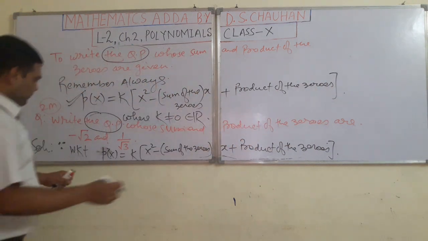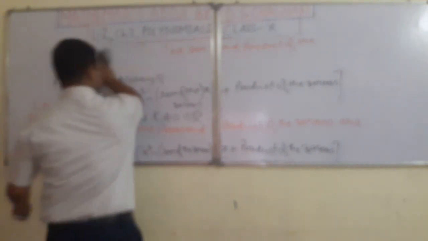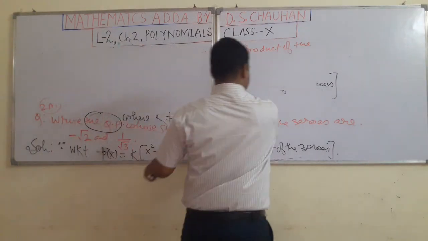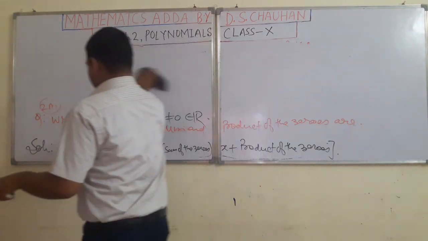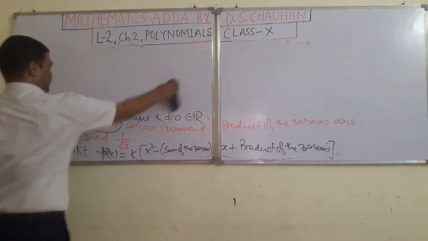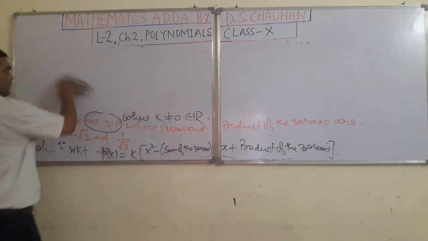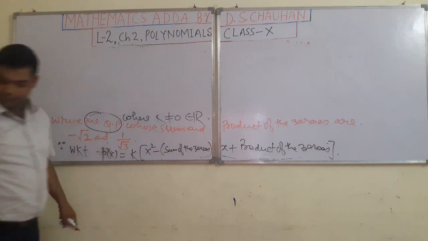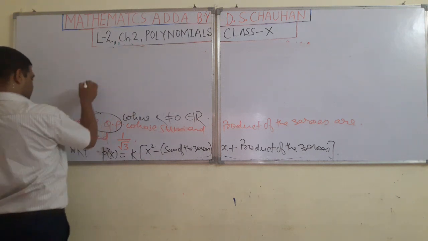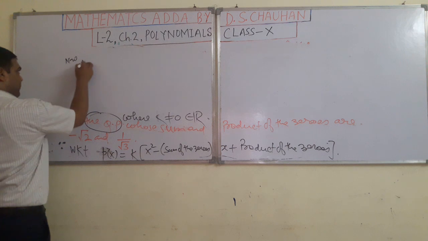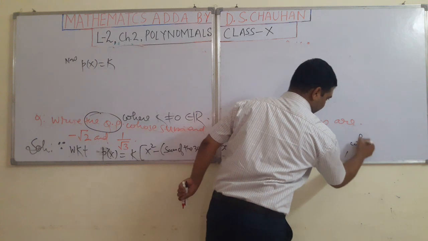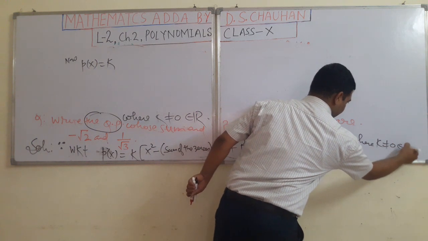Now see the simplification further. Try to understand. So now p(x) will be k times, where k is a non-zero real number.